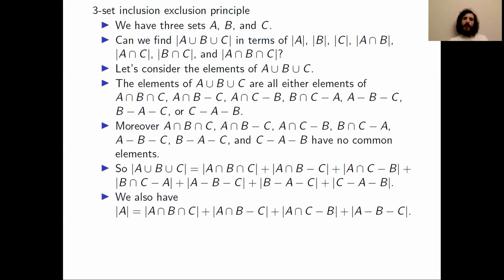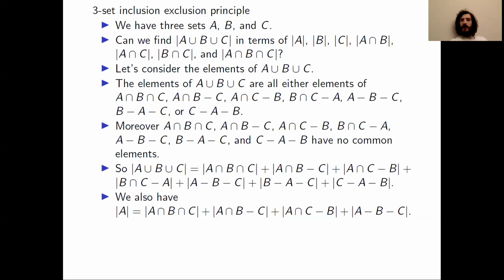The set A, we can write that set as the union of A intersect B and A minus B, which means that the cardinality of A is equal to the cardinality of A intersect B plus the cardinality of A minus B. That A intersect B, we can write that as the union of A intersect B intersect C and A intersect B minus C. The A minus B, we can write that as the union of A intersect C minus B and A minus B minus C. And that is how we were getting the sum for the cardinality of A in the bullet on this slide.